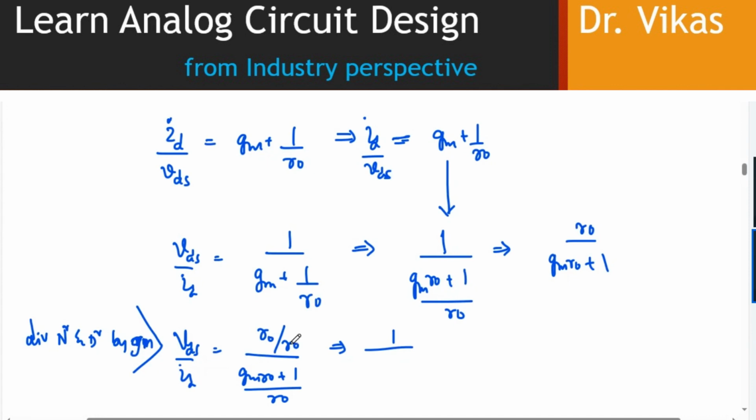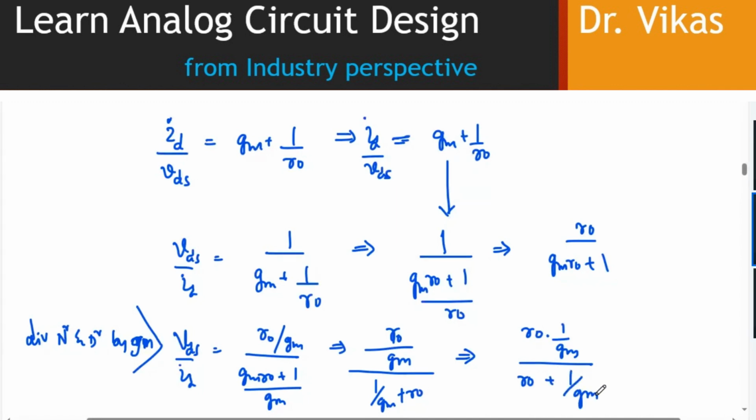Sorry about that. Just want to make it look like the expression we saw in the previous thing, basically in terms of parallel combination. R naught by Gm divided by this here will be 1 by Gm plus R naught. So you can write something like this: R naught into 1 by Gm divided by R naught plus 1 by Gm. Can I write like this?